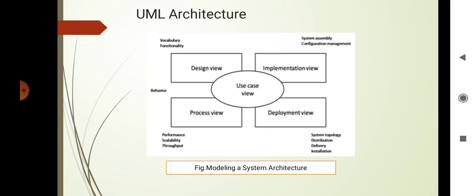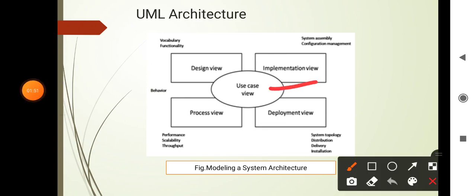First is the use case view. The use case view of a system encompasses the use cases that describe the behavior of the system as seen by its end user, analyst and tester.